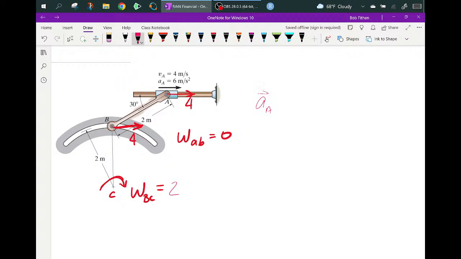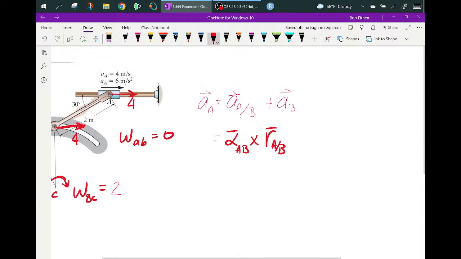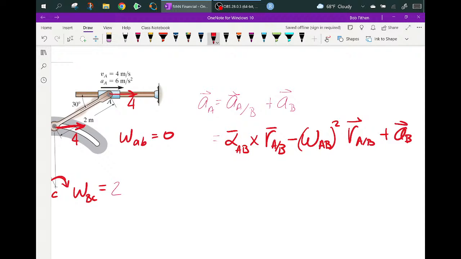Acceleration of A is equal to the acceleration of A relative to B plus the acceleration of B. And the acceleration of A is going to be alpha AB cross, minus omega AB squared R A to B, plus the acceleration of B, which we don't have right now.